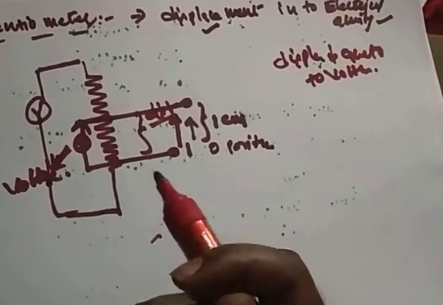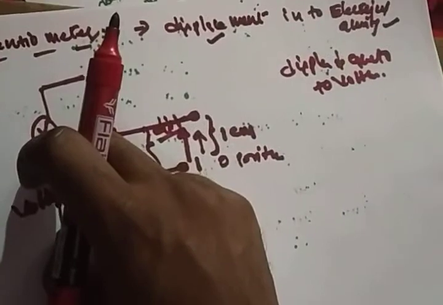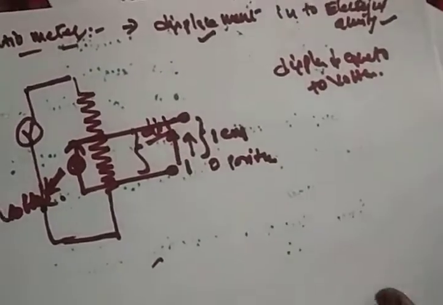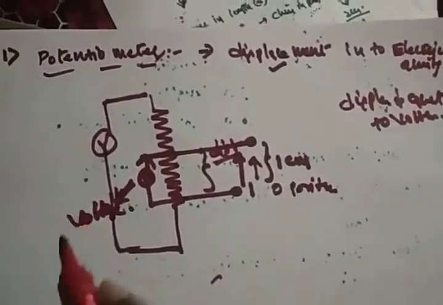From the 0 position, you are moving your slide wire, right? That means a linear displacement is equal to the change in resistance. If the change in resistance happens, you can easily convert it into voltage. Whatever my displacement is equal to the voltage applied, that means the non-electrical quantity is converted to electrical quantity. That's it. And one more thing, you know about the Wheatstone bridge, second Wheatstone bridge.